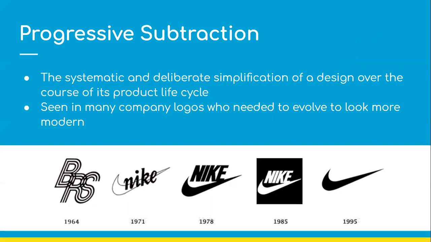At first, they decided to keep the name in the logo. However, as time went on, Nike's iconic swoop has become so recognizable that they don't even need the name in the logo anymore. And even with this progressive subtraction of taking the name out, it has made the logo seem more modern and more sleek.